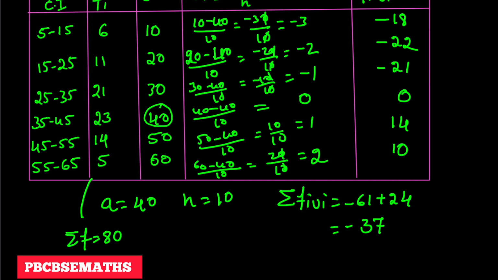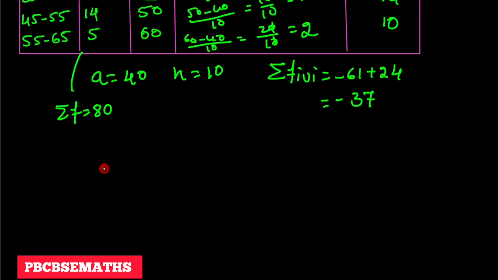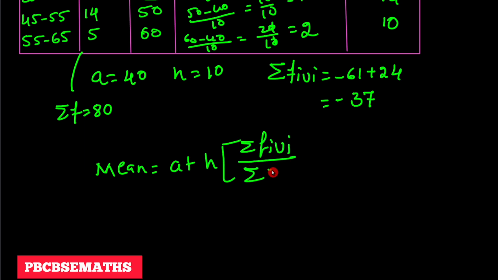Let's calculate now the arithmetic mean. Mean is equal to a plus h times summation of f i u i divided by summation of f. This is our formula.